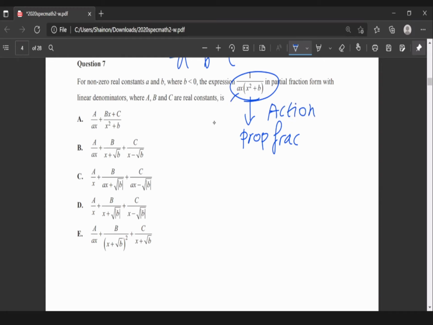And you can sub in a value for A and B if it doesn't work, and then look for which one it would equal to. But it should equal to A over x plus b over x plus mod root b plus c over x minus mod root of b. So that corresponds to D.